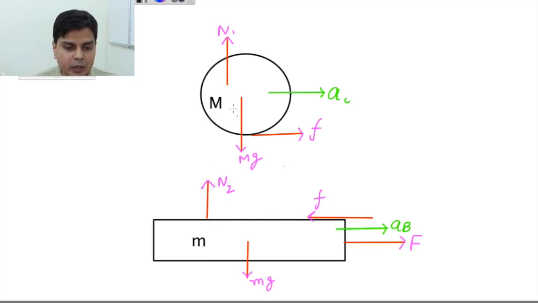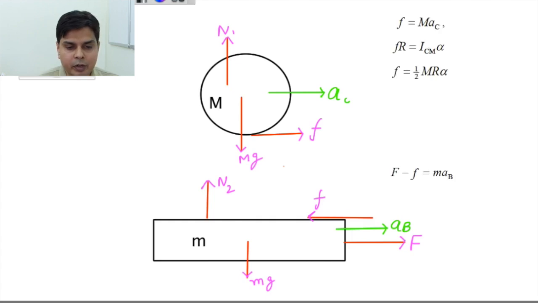Capital Mg is the weight of the cylinder. Small f is the force of friction acting in right direction. This is my block, so N2 is the normal reaction, small mg is the weight of the block. Force of friction on the block acts in leftward direction, towards backward direction, and capital F is the external force which we are applying. AC is the acceleration of the cylinder and AB is the acceleration of the block.